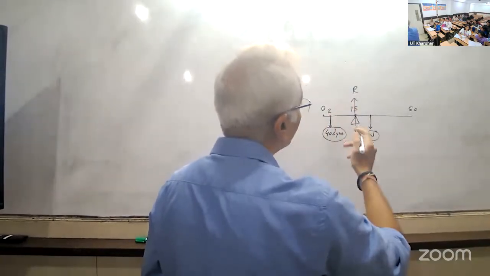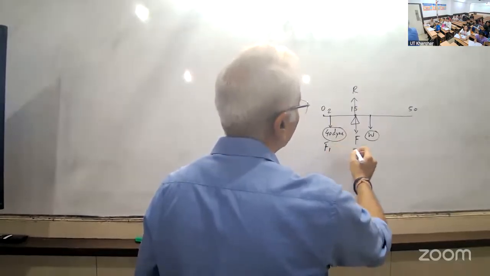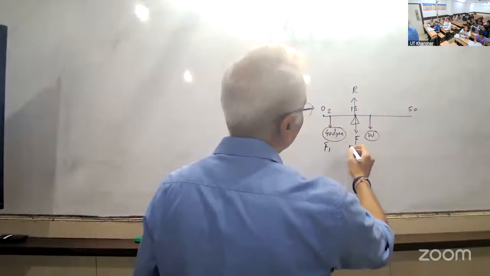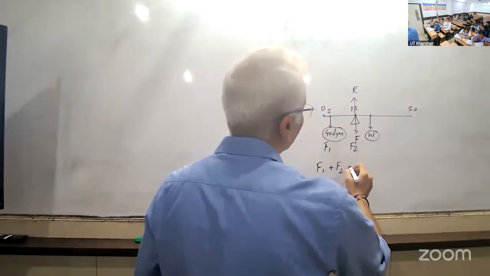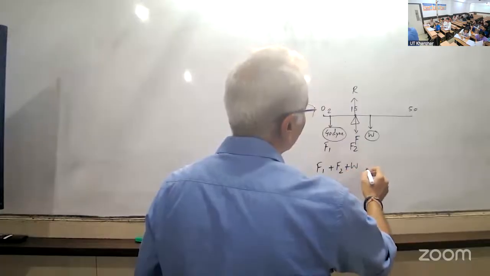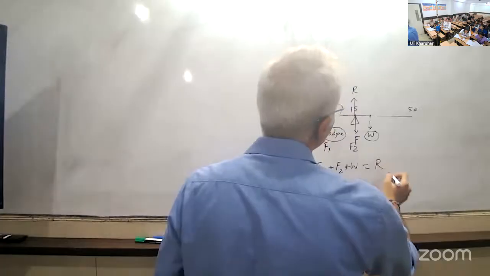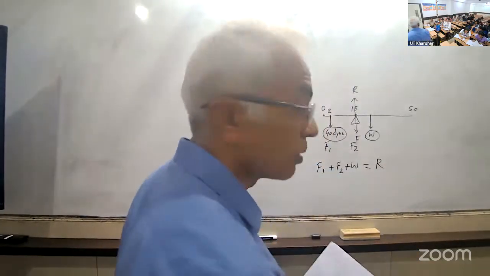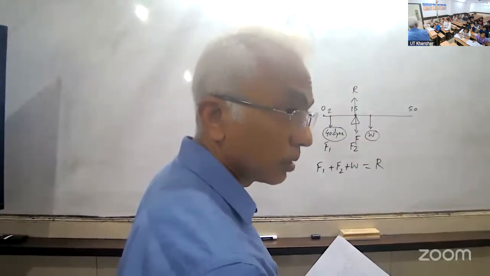You need two equations. So basically, net force. Let's say this is F1, F2, and this is W. F1 plus F2 plus W must be equal to the reaction, right? What is the force upward? The reaction force.